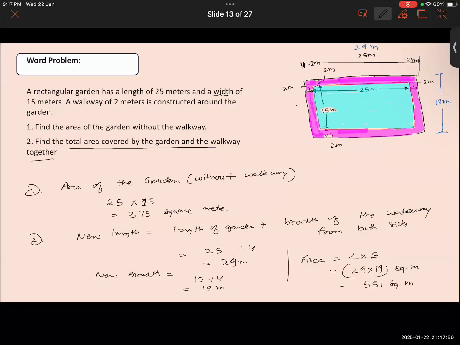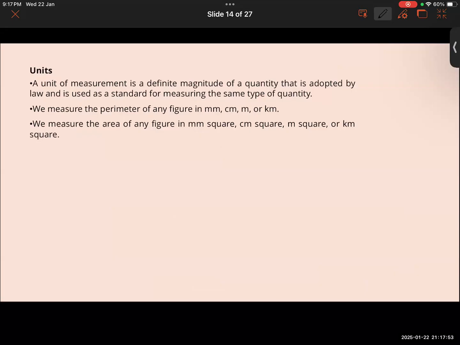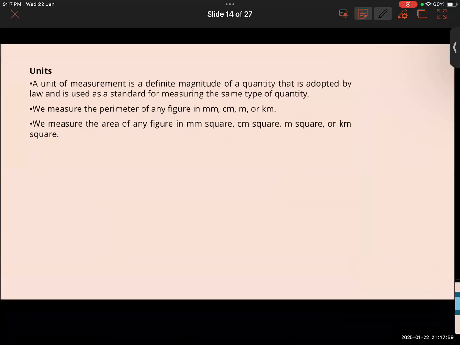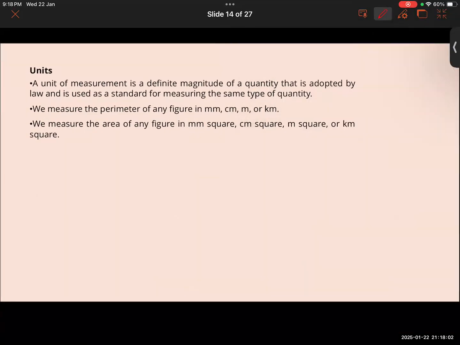Hope that was not a very difficult question for you, right? Now tell me, what is the formula to find the perimeter of a rectangle? Length into breadth.